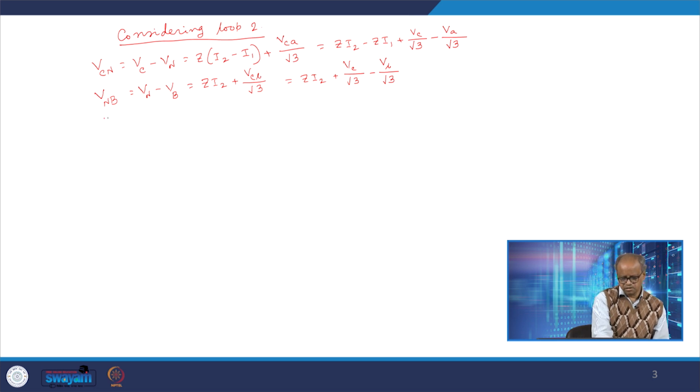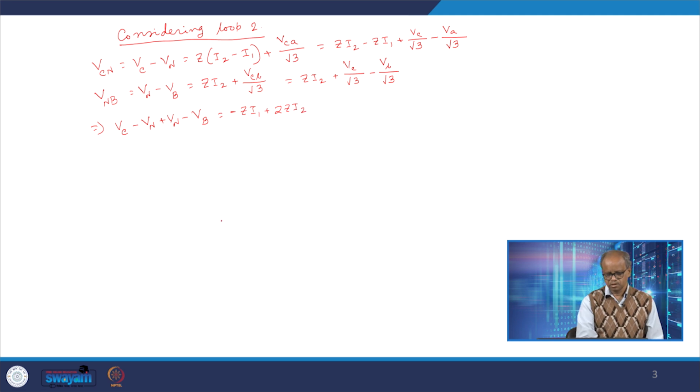So if I now add these two, then therefore I get Vc minus Vn plus Vn minus Vb. So if I add these two, I get minus Zi1 plus 2Zi2, then minus Va by root 3 minus Vb by root 3 plus 2 V small c by root 3.